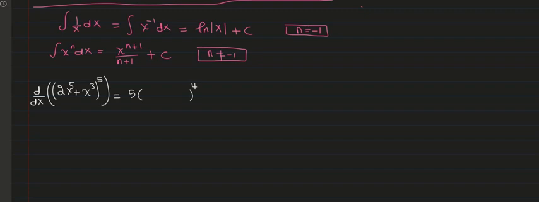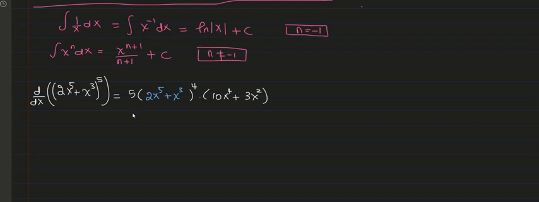And what's inside, we just copy it as it is. And then we continue by multiplying with the derivative of the function, where again we drop the power 5 times 2 and then we subtract 1. And then plus drop the 3 and subtract 1.